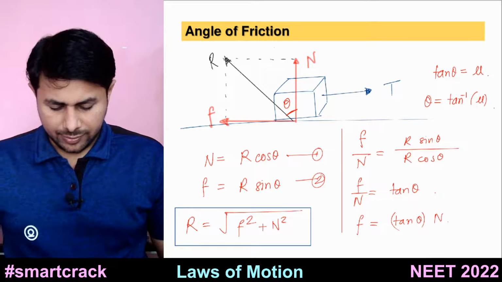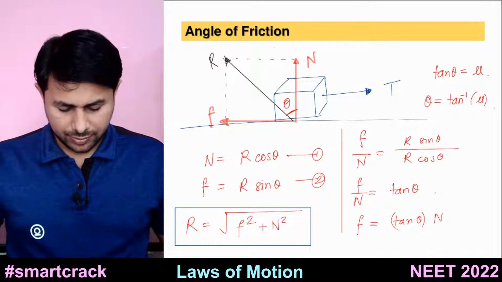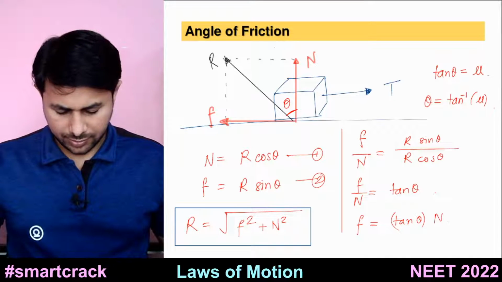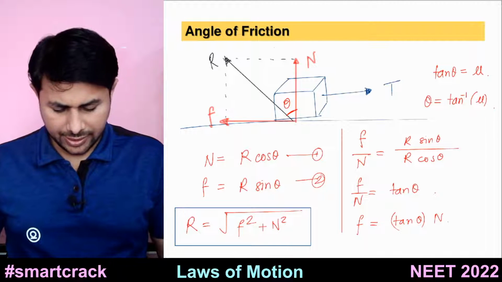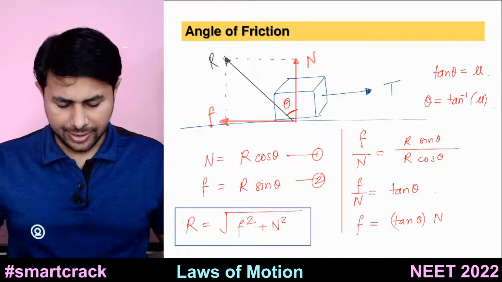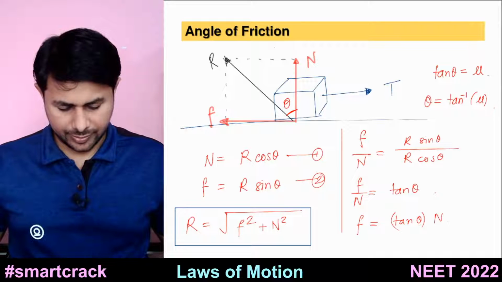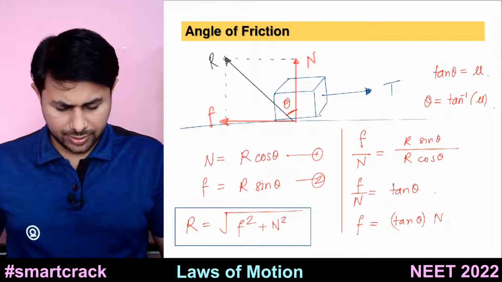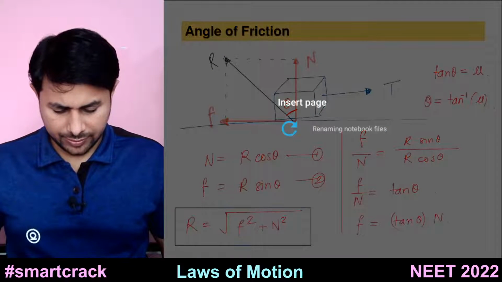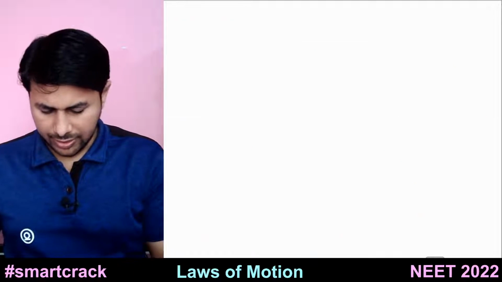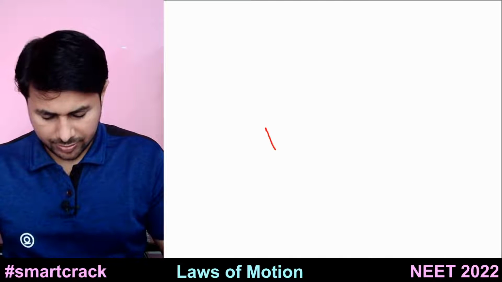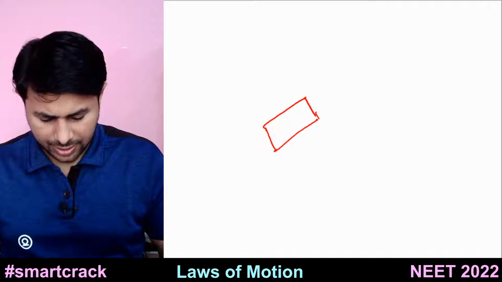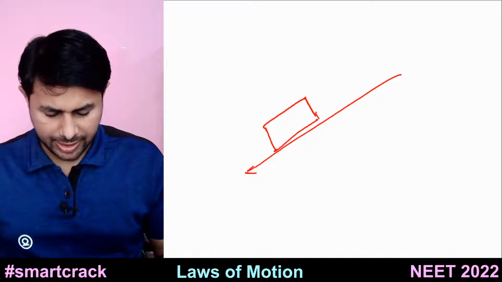So then next thing that we want to discuss is the angle of friction. Okay, so for that, what I will do is I will consider this example of a block like this, and it is resting on this plane.